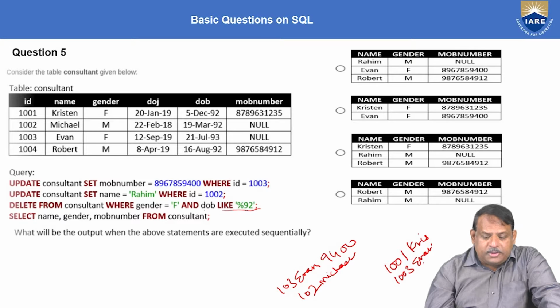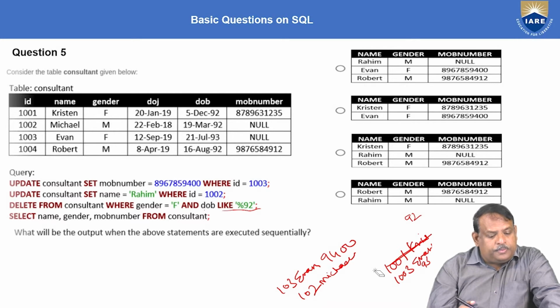What is the date of birth of Christine? It ends with 92, and Ivan's ends with 93. So Christine will be removed. We have removed Christine, so we are left with 102 Michael, 103 Ivan, and 104 Robert.